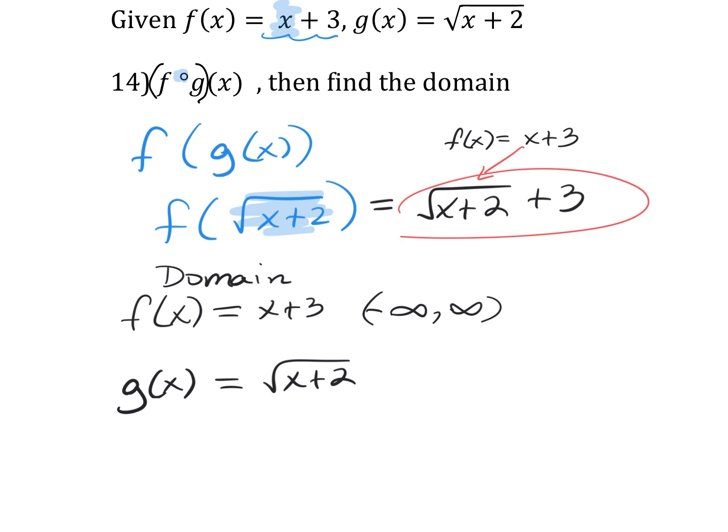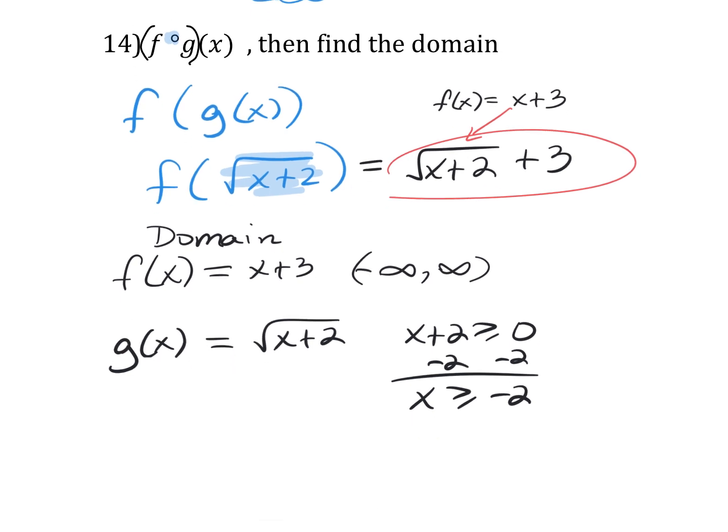It's a square root. We take what's under the radical, set it greater than or equal to 0. Subtract 2. X must be greater than or equal to negative 2. So in interval notation, this would be from negative 2 with a bracket to infinity.